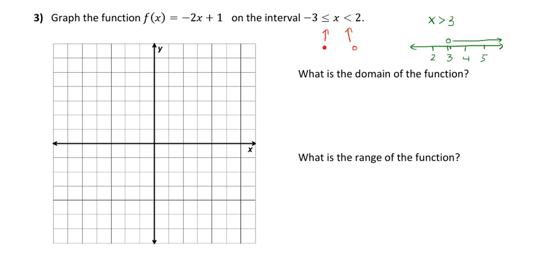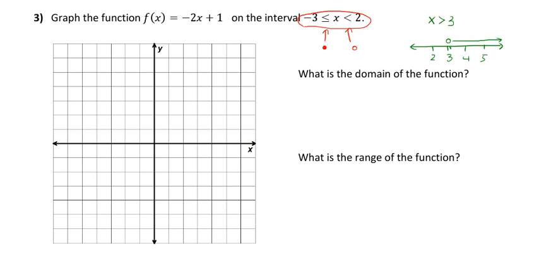So we're being asked to graph this function only for these values of x. So we're only going to be graphing a piece of the graph. This graph is not going to be infinite. We're only going to be graphing the piece that starts from -3 and ends at 2.